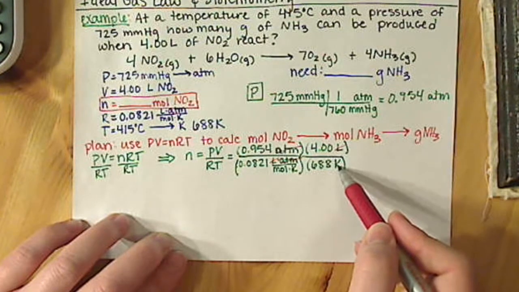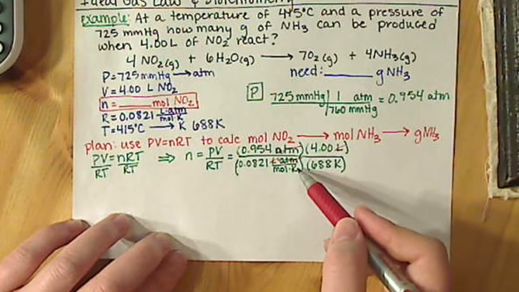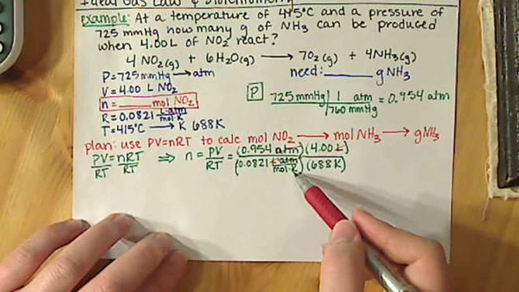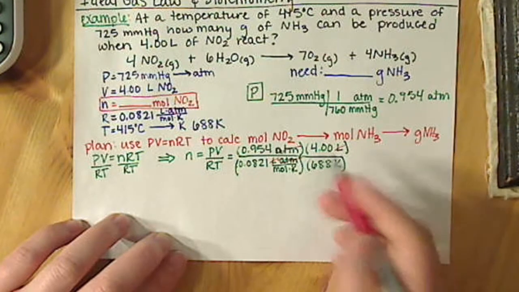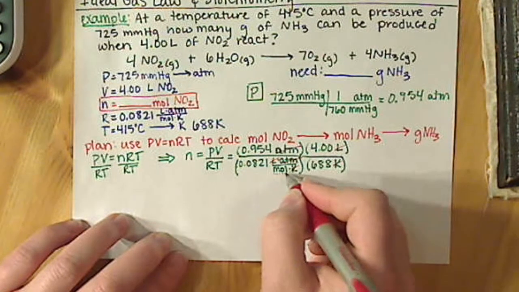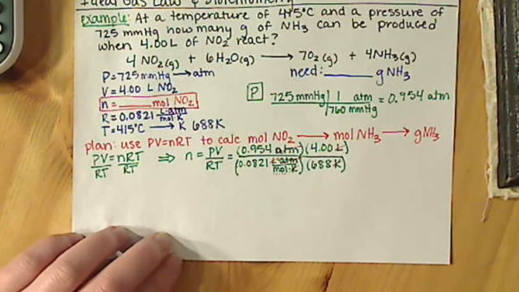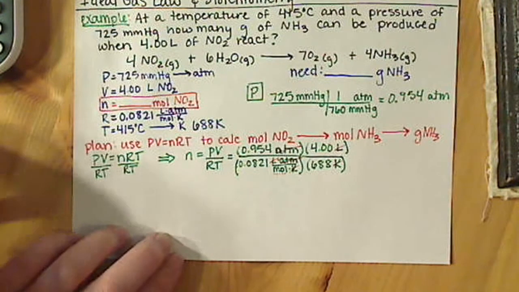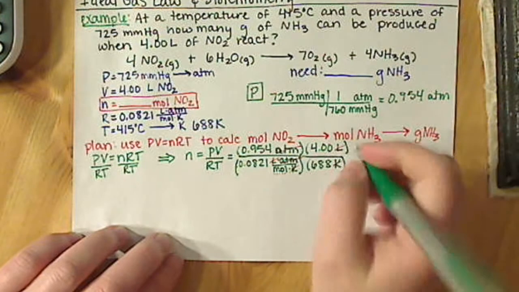Then I have Kelvin in the denominator of the denominator, which makes that the numerator, so those cancel. And I'm left with moles in the denominator of the denominator, so that makes that into the numerator. So I am in fact solving for moles.